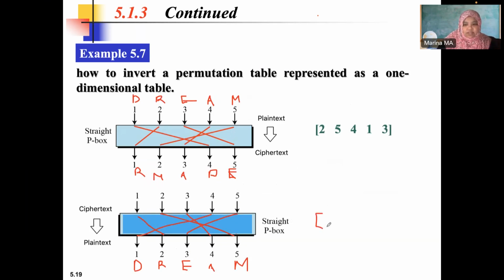Because this is decryption, you read from the bottom one, the plain text. So the 1st comes from 4, the next comes from 5, the 4th one, E, comes from 3, and the 5th one comes from 2. So this is the mapping. This is the table for decryption. Why do I say decryption? Because from ciphertext, we get back the plain text.